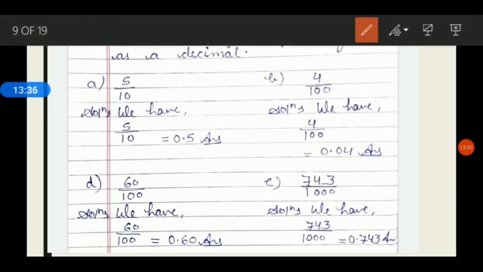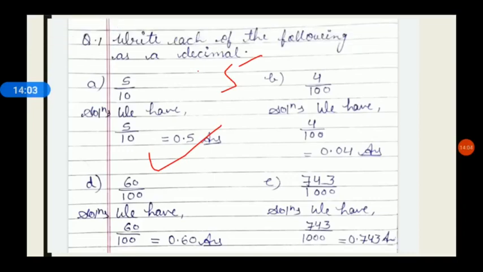See students, you can write .5 also, this is also correct, and you can write 0.5, this is also correct, because before the decimal is the whole part, and if nothing is given then we can put 0, simple 0, because your whole part is 0. So if you write either, that is also correct. So I hope you understood this question.